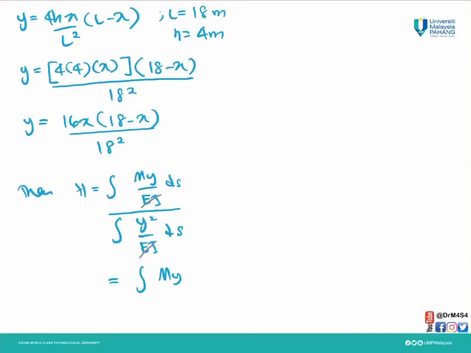So this is the integration of my dx divided by the integration of y squared dx, for H. We know our y here, so we can find the integration of my and the integration of y squared. Let's do one by one.